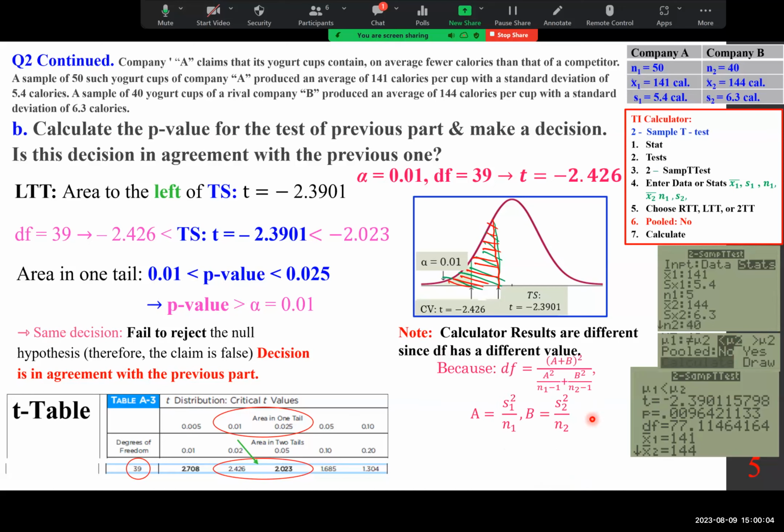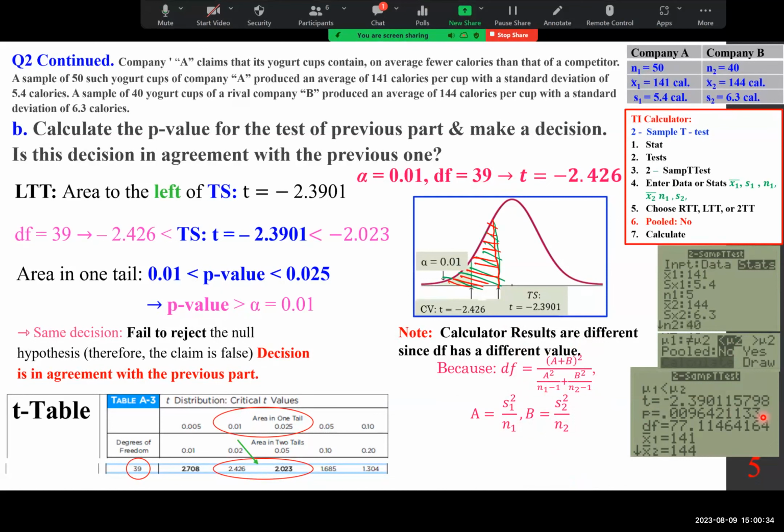Here's the complicated formula for degrees of freedom: (a plus b) quantity squared over a squared over n1 minus 1 plus b squared over n2 minus 1, where a is S1 squared over N1 and b is S2 squared over N2. The degrees of freedom that you see here is calculated using this formula. But for the text, we go with a different value, the smaller of the two.